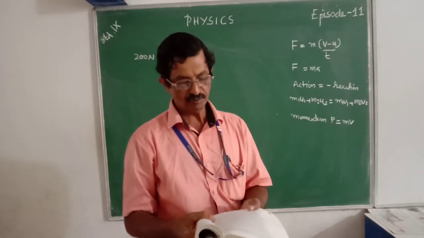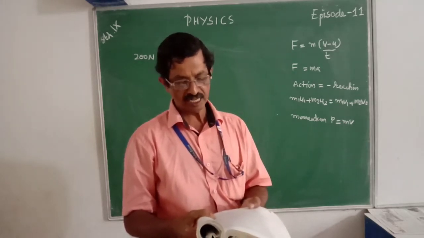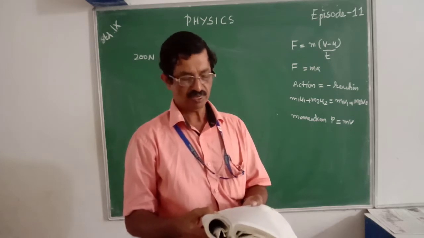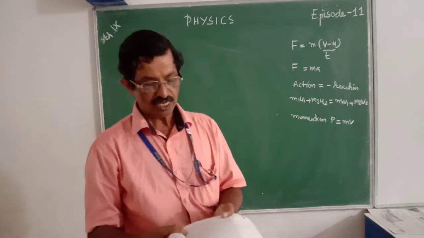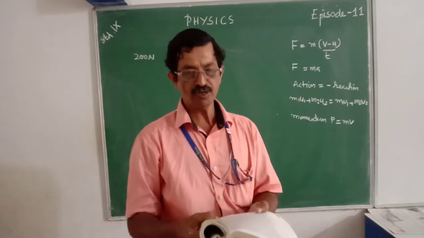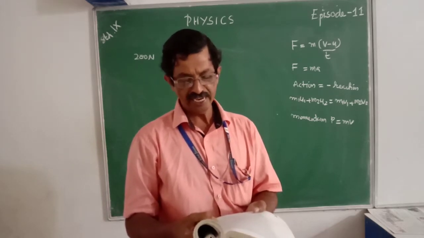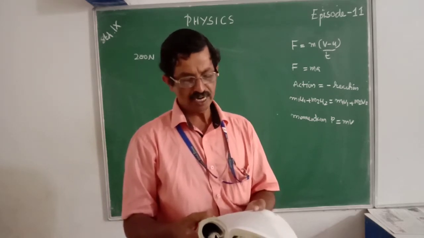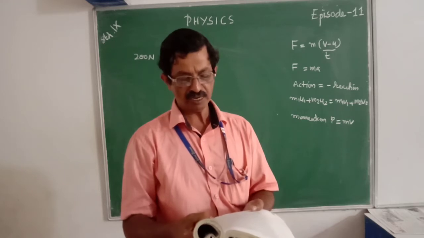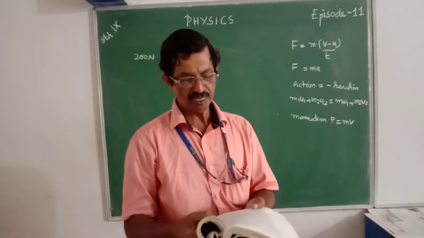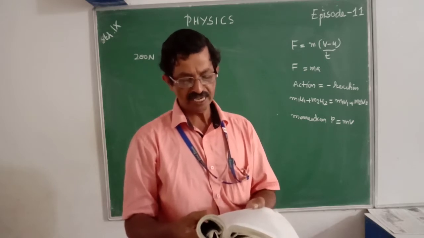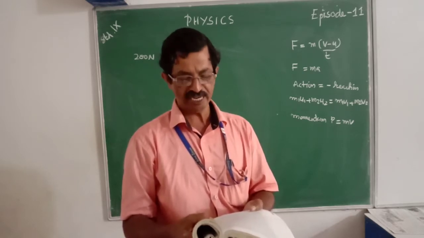What is the friction force that will be exerted on the cabinet? Once again, using a horizontal force of 200 Newton, we intend to move a wooden cabinet across a floor at a constant velocity. What is the friction force that will be exerted on the cabinet?